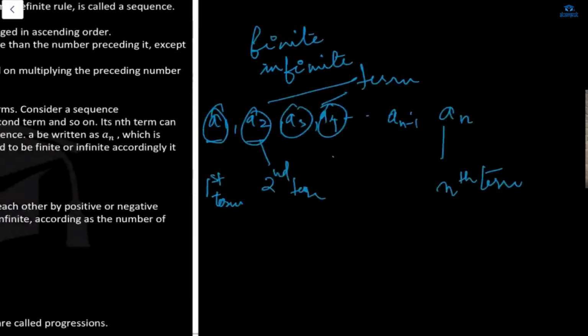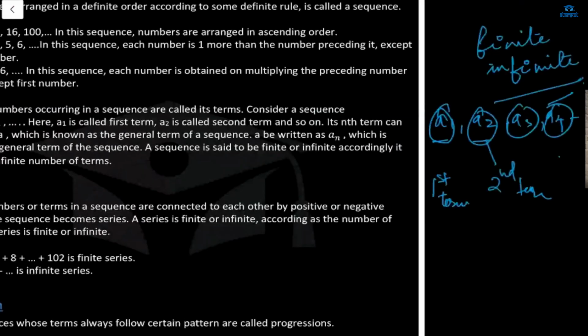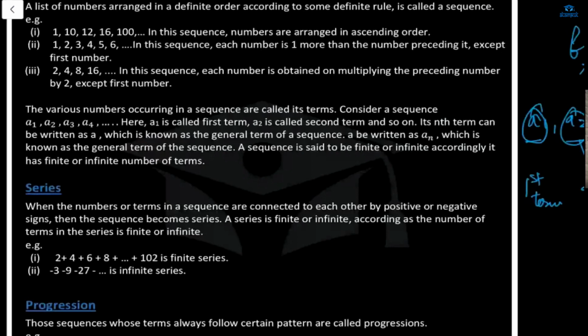Understood? So this is an. We can write the last term or any general term. How can we write a general term of a sequence? We can represent a general term of a sequence with the help of an. Understood? This is called the general term of a sequence.